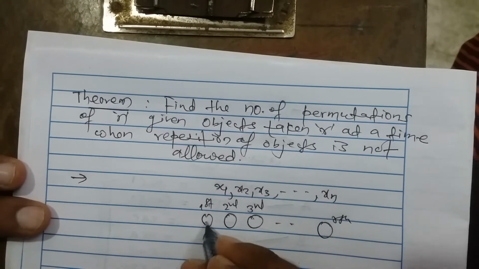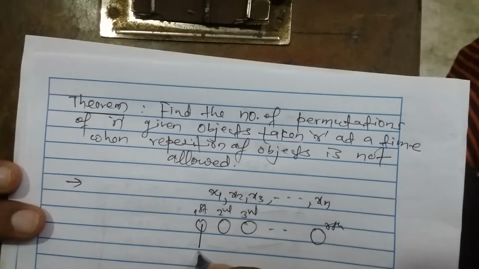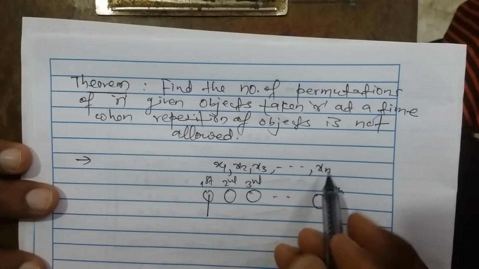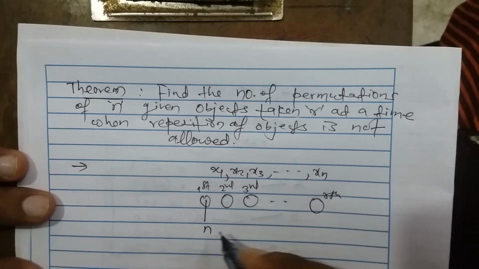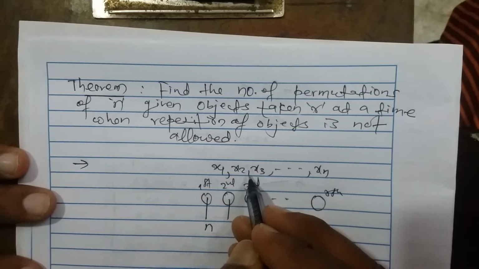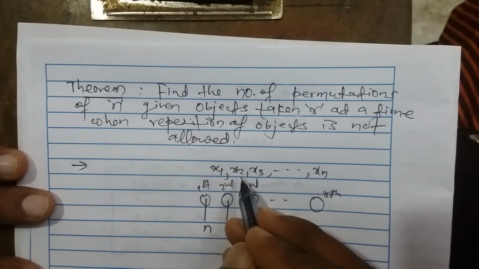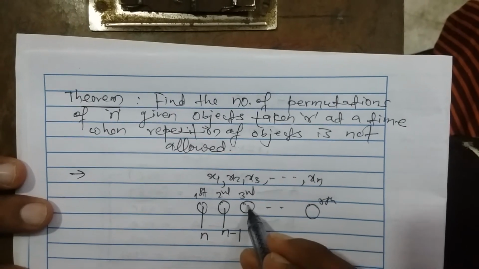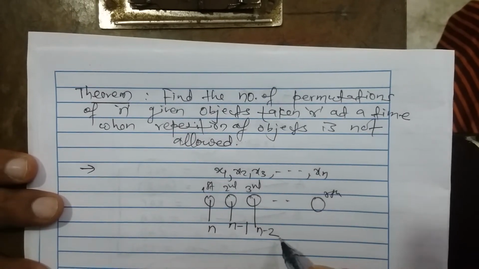So let us begin. How many choices are there to fill the first place? You are given n choices, so this place can be filled in n ways. Because repetition is not allowed, for the second place, how many choices will remain? One choice reduces and you will be left with n minus 1 choices. For the third place, n minus 2 choices.